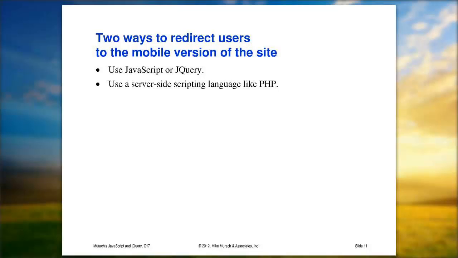They'll be on the same server, but in a different folder. There are two ways of doing it. There is a nice custom JavaScript or jQuery script out there that automatically does that, which I'm leading into, or you can do some kind of server-side detection.